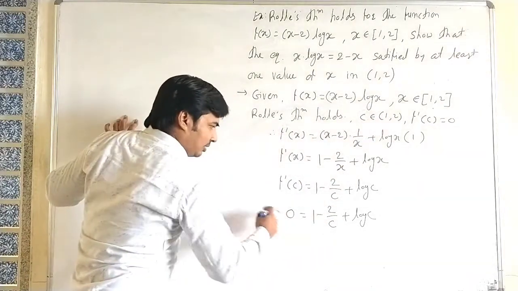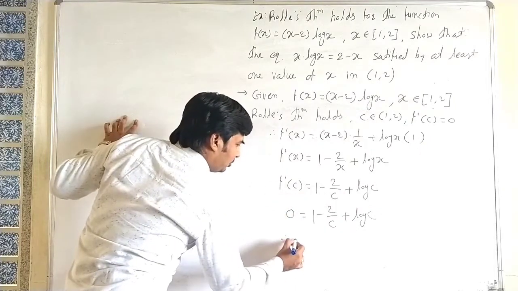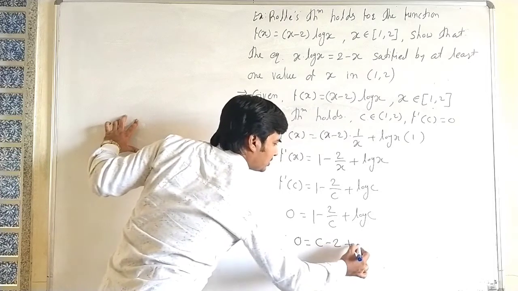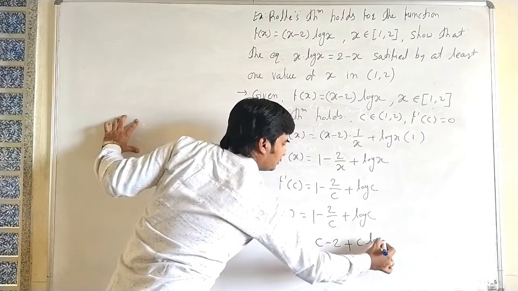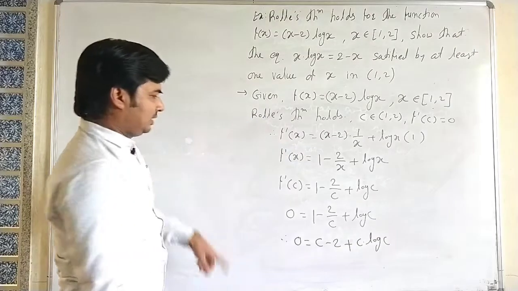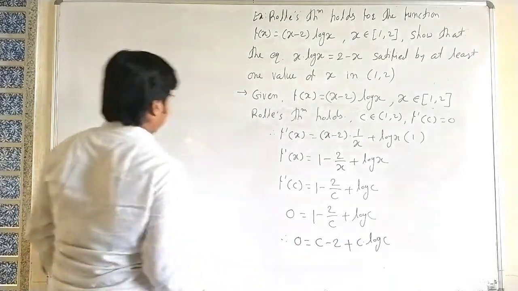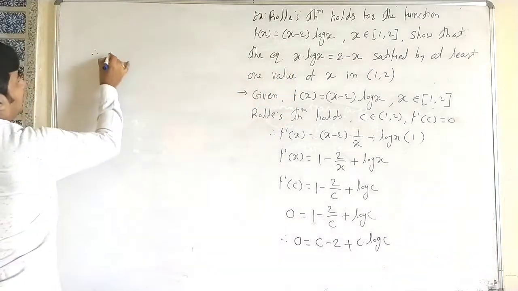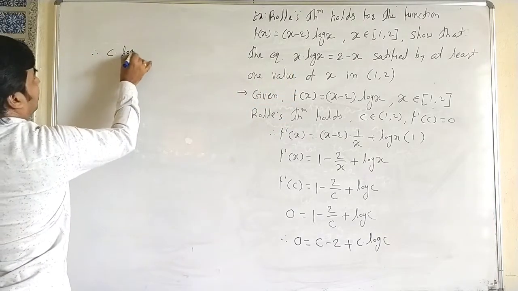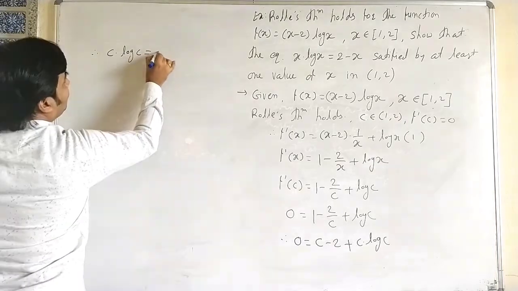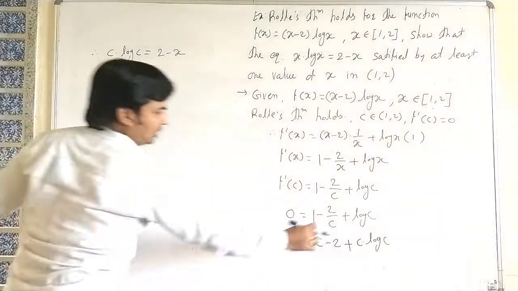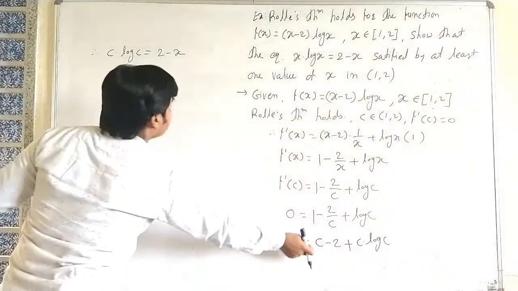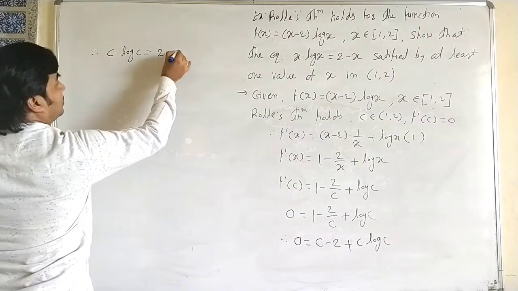Then here multiplying by c, therefore you can write 0 is equal to c minus 2 plus c into log c. Okay. Then this relation can be written in this form: c into log c is equal to 2 minus c. Here c log c as it is, here 2 and c are brought to this side, 2 positive and c negative. Okay, it is c.